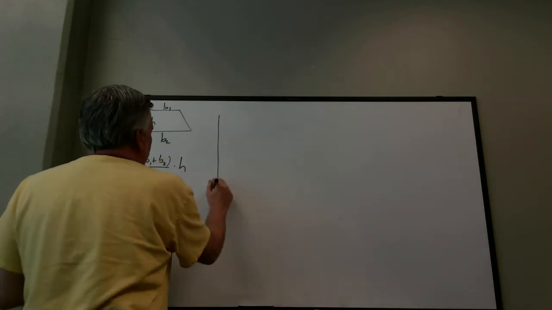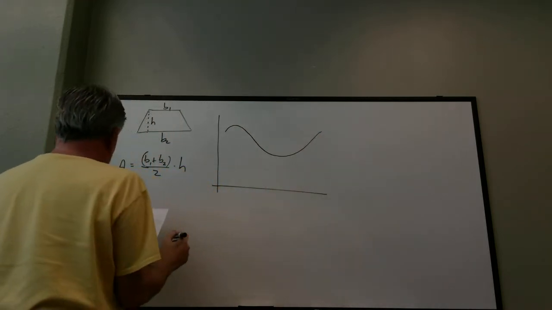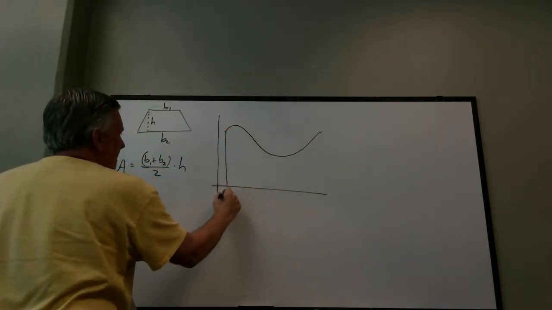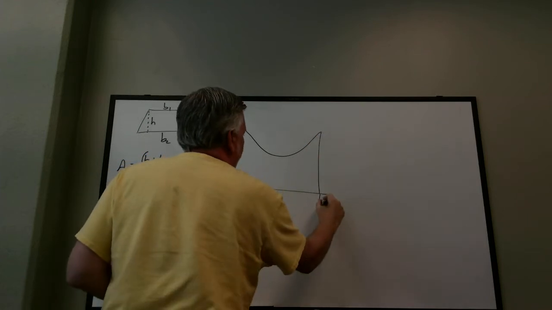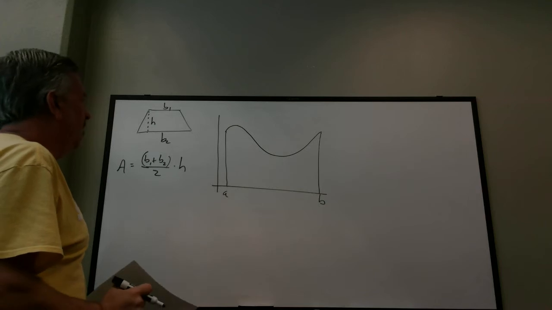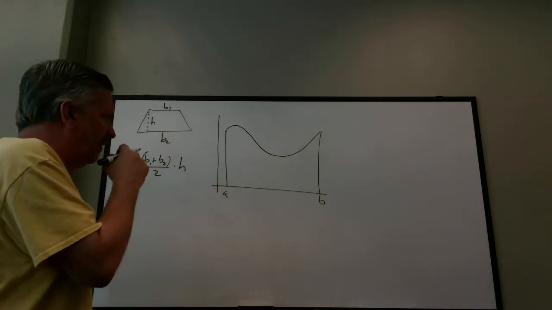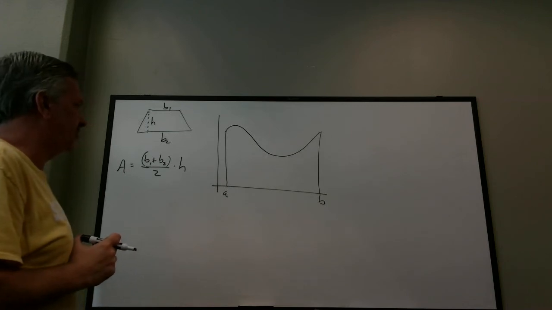So I'm just going to draw a generic curve. Okay, so suppose we have this curve, and I'm going from a to b. Let's chop this interval up into n equal pieces.